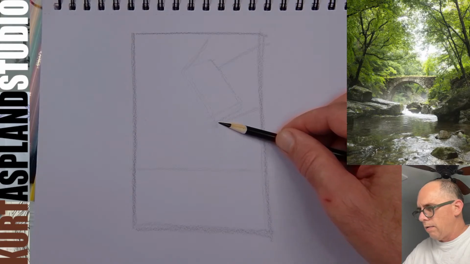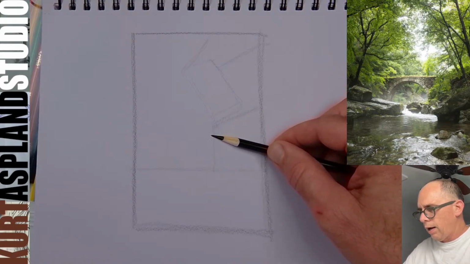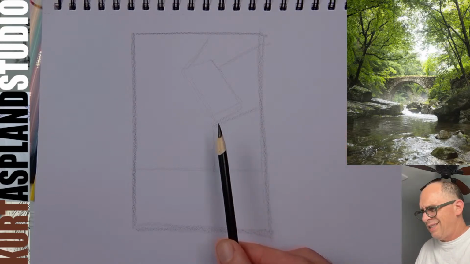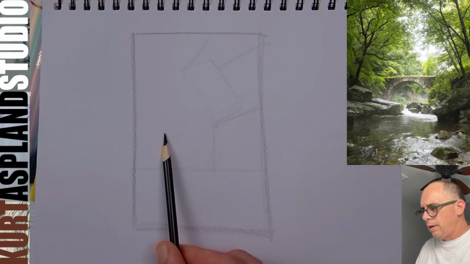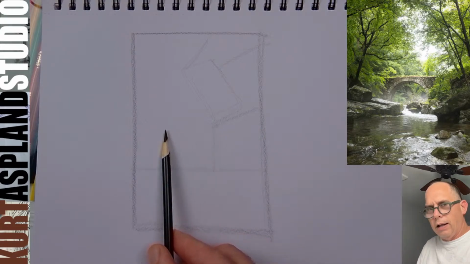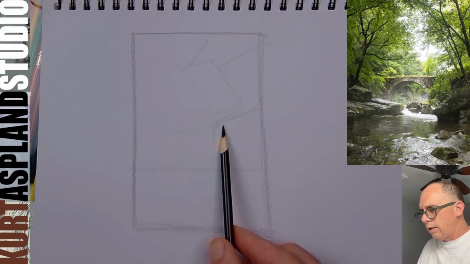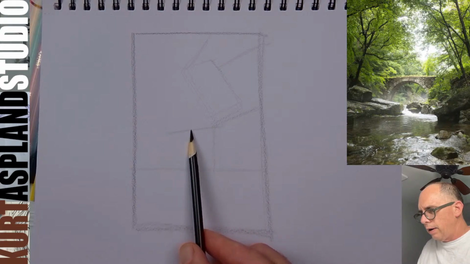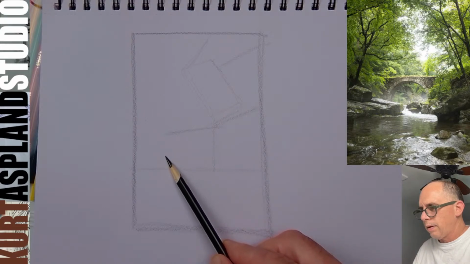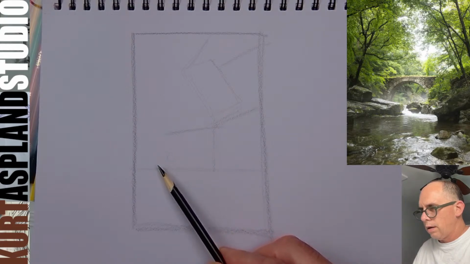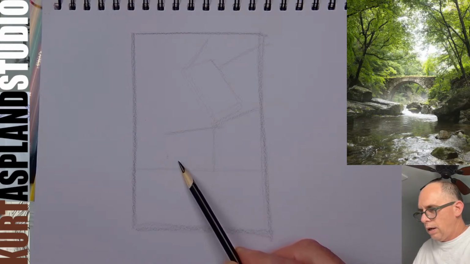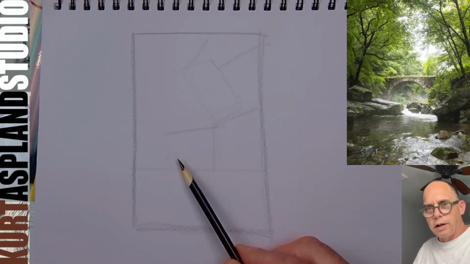Okay, let's come down here now, and I'm going to block in where all these rocks are coming from over there. And this bridge is going high to low, so don't make it parallel. Let's get a little angle going here. Now there are these rocks coming in right like this.